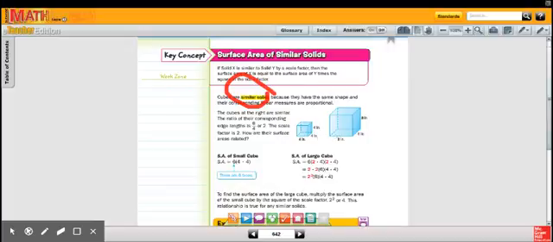So you see how every side of these cubes is 4 to 8. Everything is similar. So the question is, what happens if you're talking about the surface area of a similar shape?